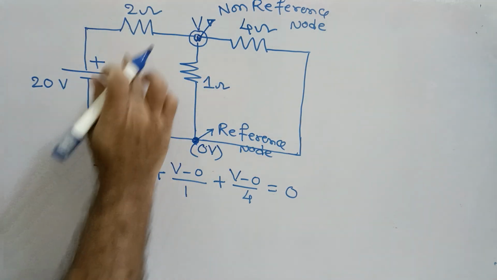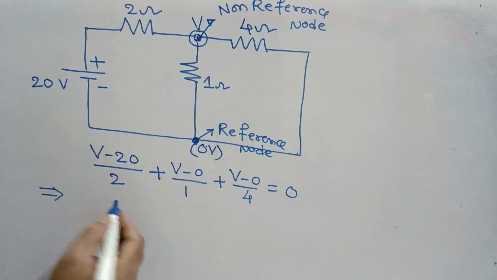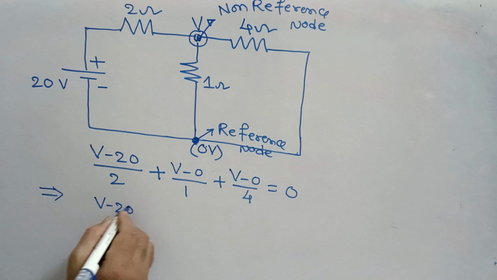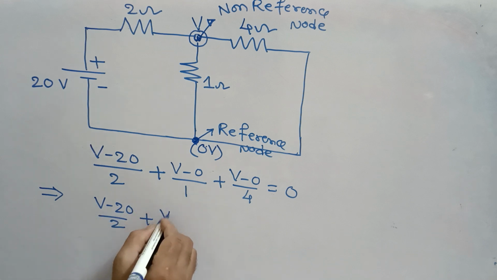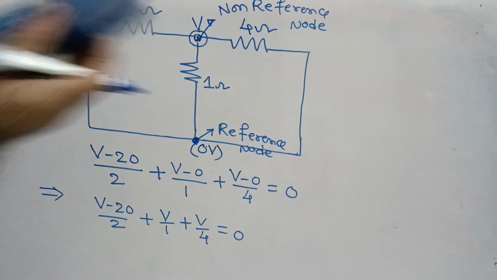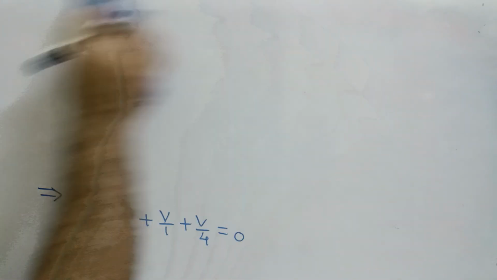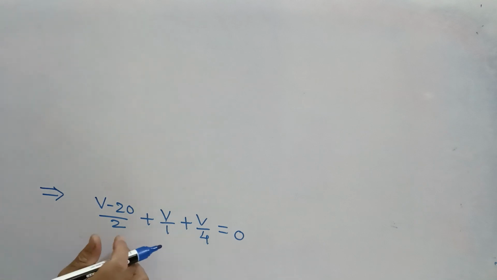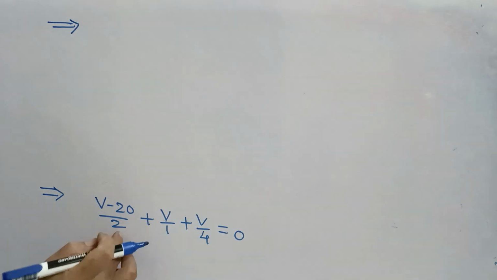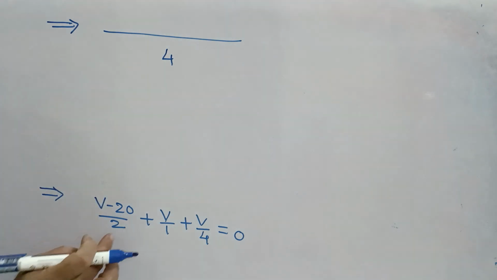For this simple circuit, you can write the expression like this, and if you simplify, you get (V minus 20) by 2 plus V by 1 plus V by 4 equal to 0. Now take the LCM, which is 4.